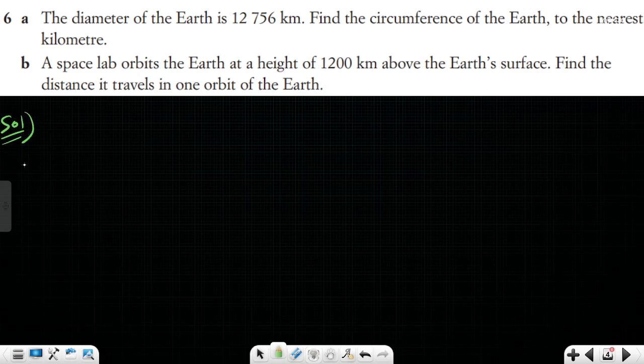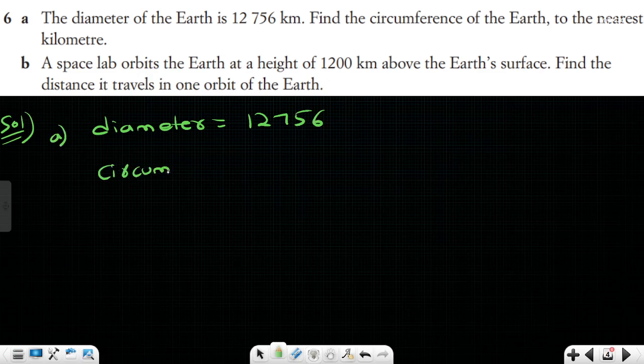The diameter of Earth is 12,756 kilometers. Find the circumference of that to the nearest kilometer. So diameter is given to you, 12,756. They are asking you circumference. Circumference formula is pi d. So pi into 12756.